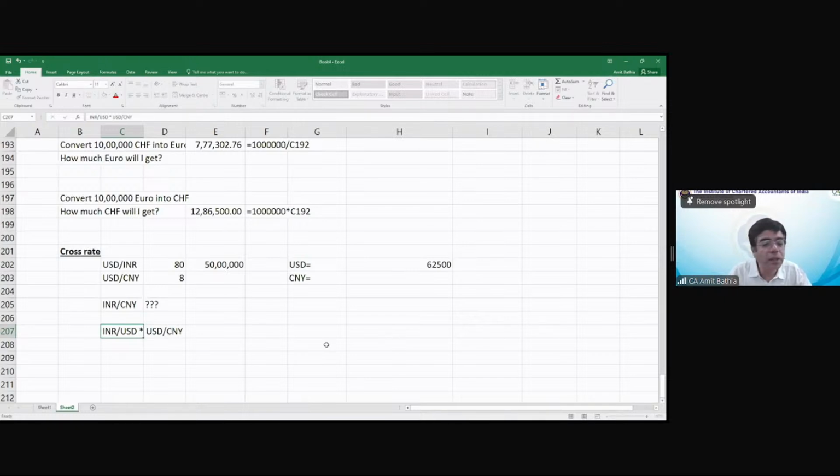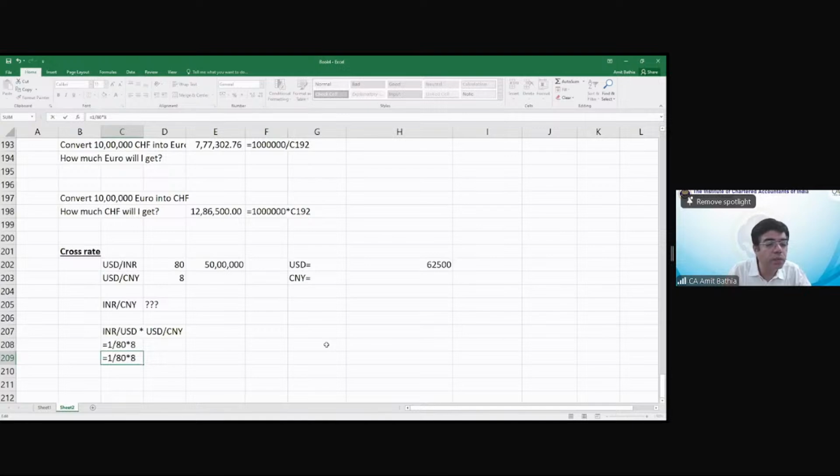Am I right? Yes, sir. So mathematically speaking, USD can be cancelled, and I will have INR to CNY easily available. But the rates quoted over here are USD to INR. So how do I convert this USD upon INR into INR upon USD? I will say essentially this is 1 upon 80, into 8. Can I say so? Yes, sir. Right? Everyone, are you all with me?